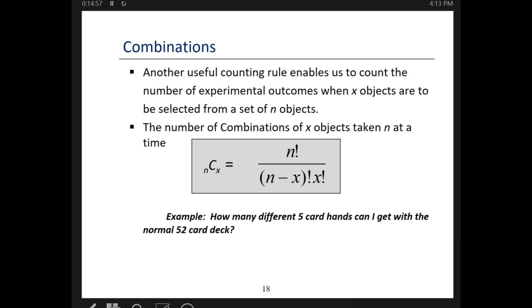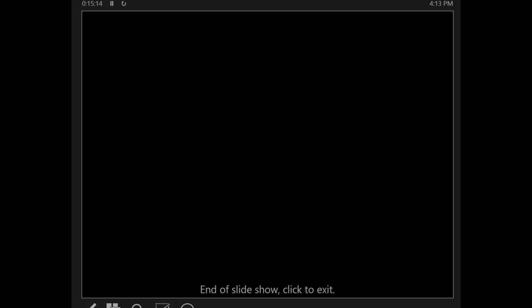I haven't worked the math on that, but it's N factorial over N minus X factorial times X factorial. That will give you the number of combinations of X. Take an N one at a time.